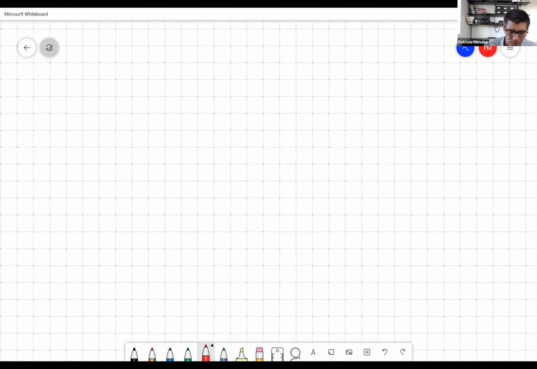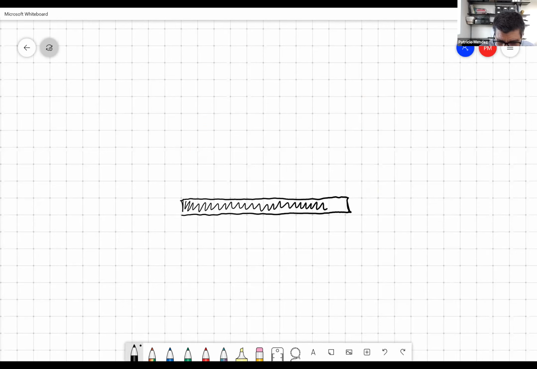Okay, there we go. So let's say, seen from this side, this is our chip. And this squiggly line means millions upon millions of transistors, because even the Pentium had lots of transistors.